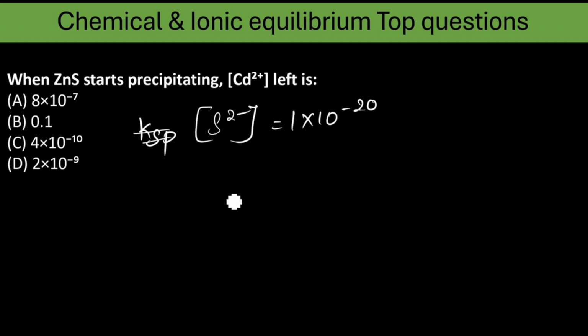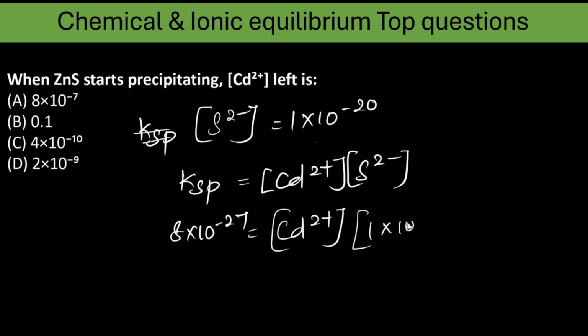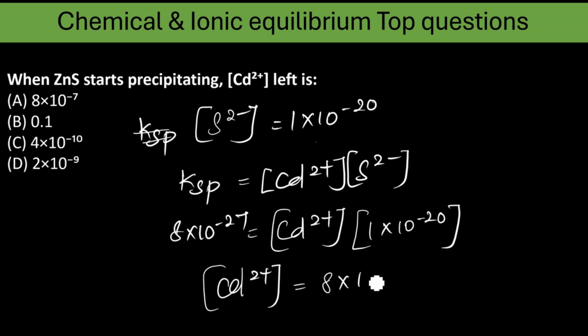So to calculate cadmium 2+, how much would that be? The Ksp of cadmium sulfide is [Cd2+][S2-], so this is 8 into 10 to the power minus 27, and sulfide is 1 into 10 to the power minus 20. Now the cadmium 2+ concentration would be 8 into 10 to the power minus 7 molar.